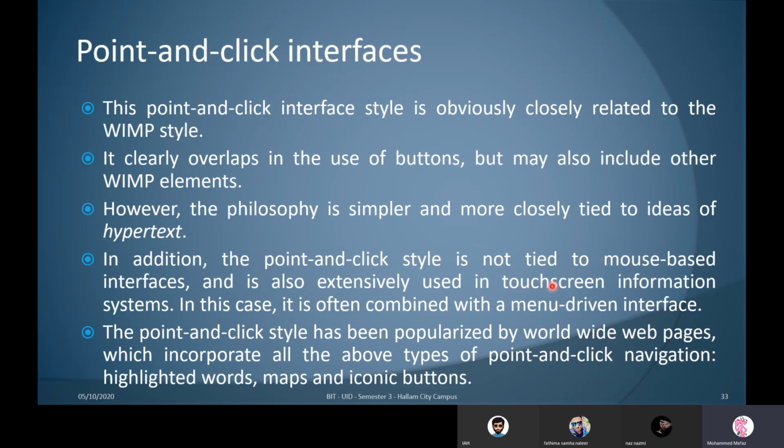The same idea is used extensively in touchscreen information systems, where it is often combined with a menu-driven interface. Take the example of ATM machines again: you have point and click and menus. Simply those two types of interfaces are used in that system. The point and click style has been popularized by worldwide web pages, which incorporate all the above types of point and click navigation: highlighted words, maps, and iconic buttons.